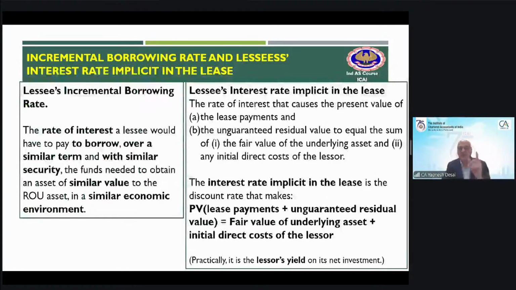So this 1 crore 2 lakhs has to match with something. How did the 1 crore 2 lakhs come about? Fair value of the underlying asset is 1 crore. Initial direct cost is 2 lakhs. So this portion, my dear friend, is 1 crore 10 lakhs. It has to match with the present value of the lease payments.